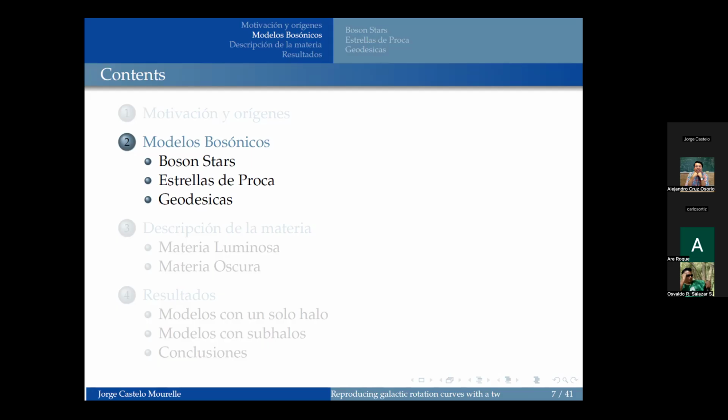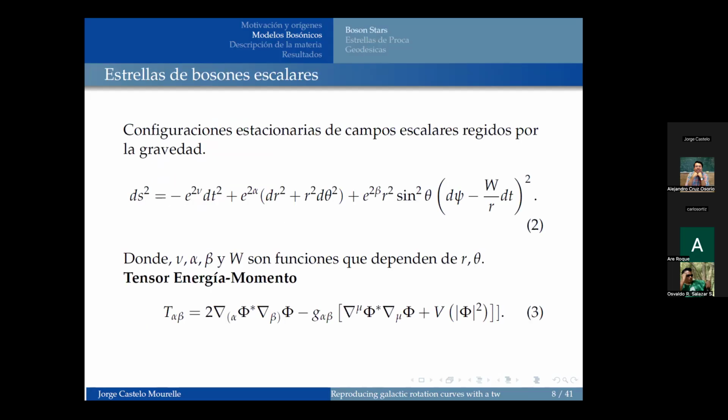So what we thought was, maybe if we take a spinning bosonic star in a very specific regime, which we will see is the Newtonian regime, but doing everything under the general relativity laws without approximations, and then going to that regime, maybe we could explore whether these bosonic models explain the halos in some sense.